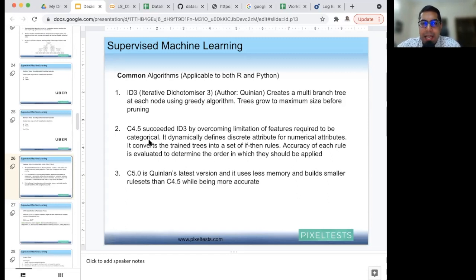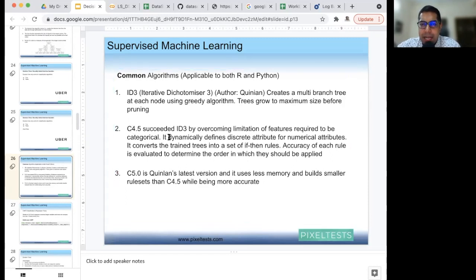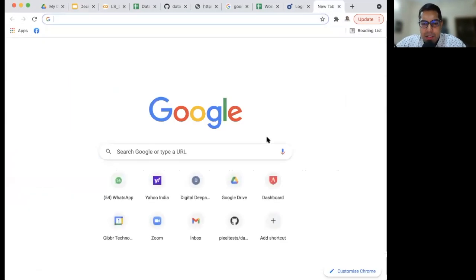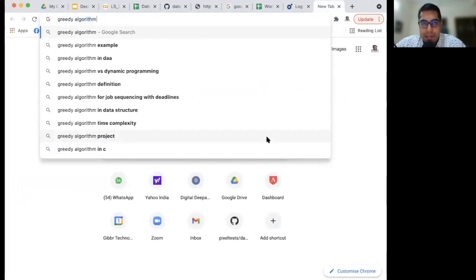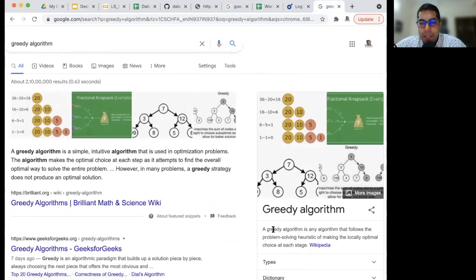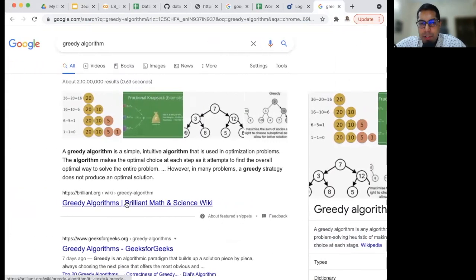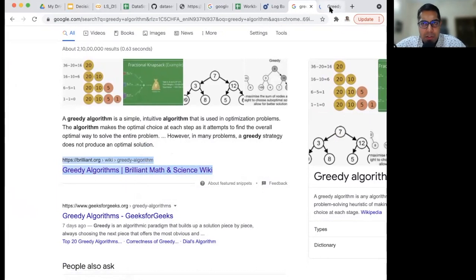Okay, is that fair? Now, let's look at a couple of other key concepts from at least a machine learning perspective. C4.5, when it came, pretty much ruled the world by overcoming limitations of the earlier algorithm. Let's just look once at what greedy algorithms are, so that you know what we are not covering. A greedy algorithm solves the problem heuristically by making the locally optimal choice at each stage. Those of you who are computer scientists or have a little familiarity, fine; those who are pure machine learning guys, don't worry about this.